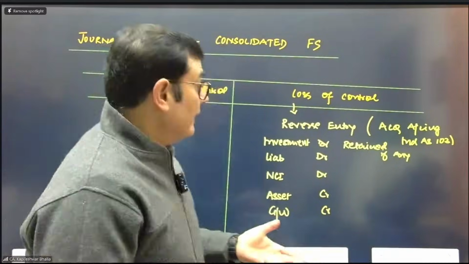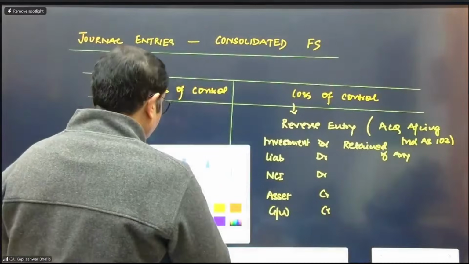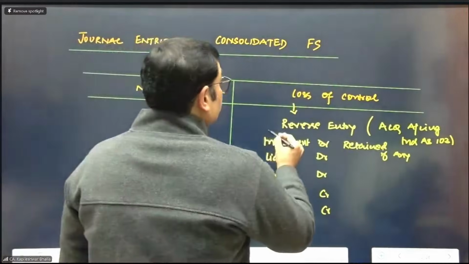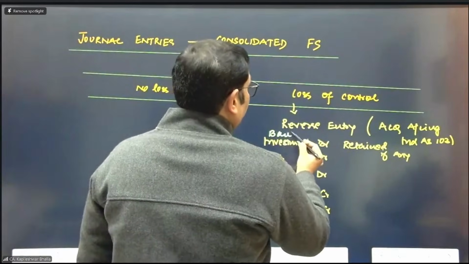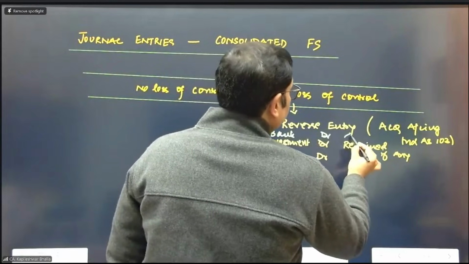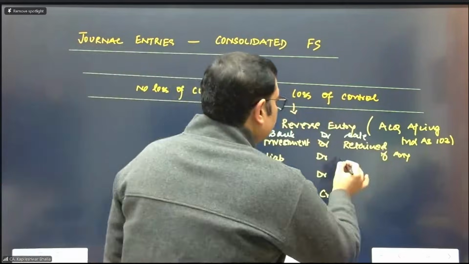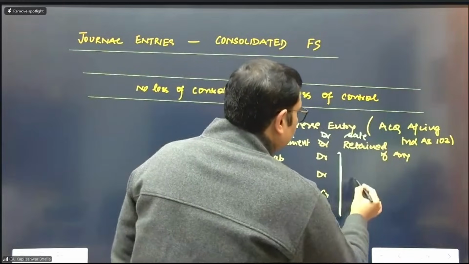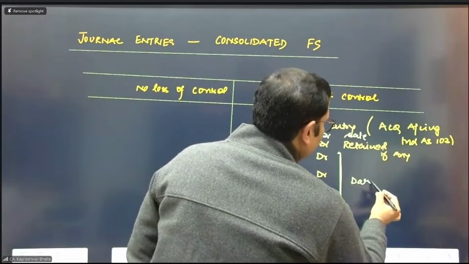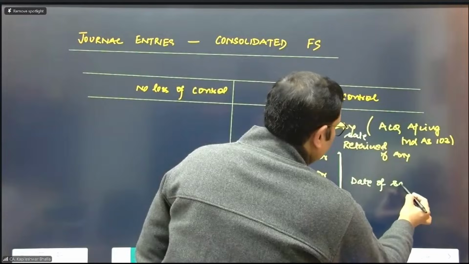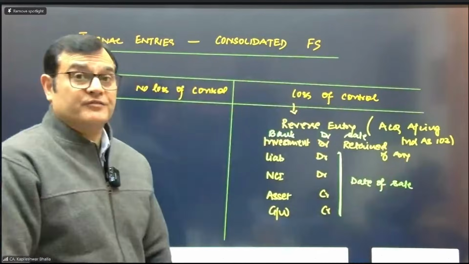Done, the simple entry. And of course, we'll also take bank debit, because you're selling the investment, so bank will also get a debit with the sale proceeds. The liabilities, the NCI, everything will be taken as on the date of sale.